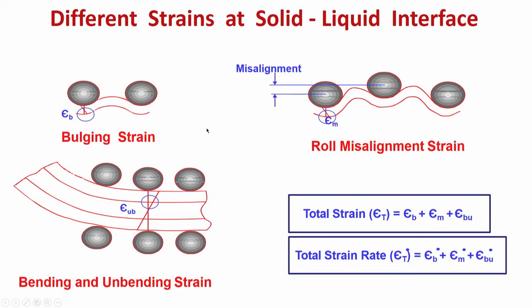Now, I have told you that there is a possibility of bending of the strand. When do you bend it? When you are using a vertical mold. The strand which is coming out from the mold is vertical. Now, from vertical we have to give it a bend to make it curved. So, there is a bending. Now, how is it done?